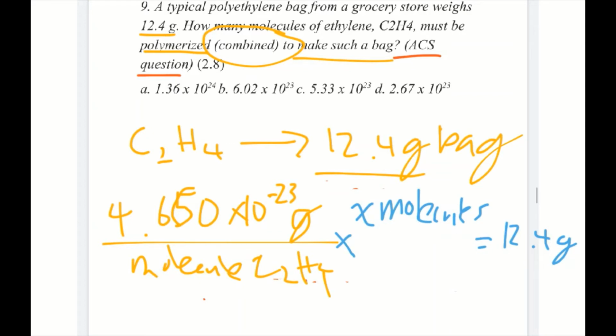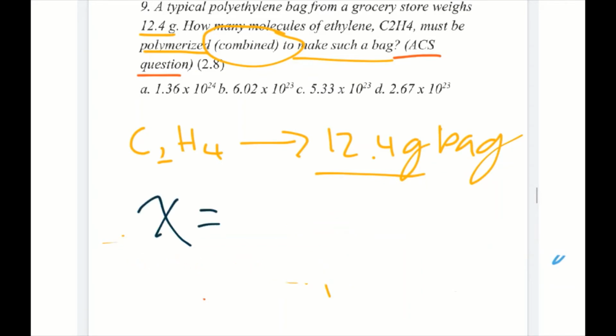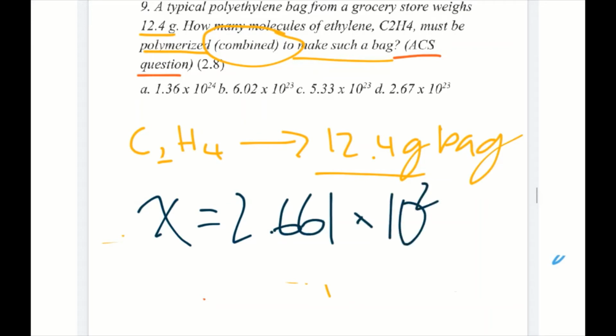In order to do this, we shall divide by this number on both sides. So let's divide 12.4 by 4.660 times 10 to the negative 23rd. So I got an answer for X, and it states that X is equal to 2.661 times 10 to the 23rd.